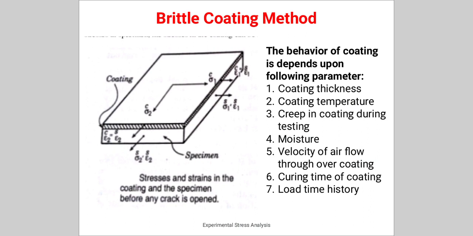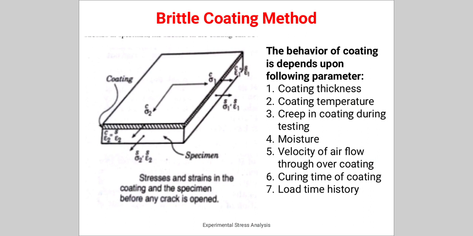So if the test specimen along with the layer of coating comes in contact with temperature, there may be a possibility of deformation. If such deformations are taking place due to the temperature, it is very difficult to find out the stress value due to the loading condition of that test specimen, or due to its moving condition. So the creep should be minimum in the brittle coating method.